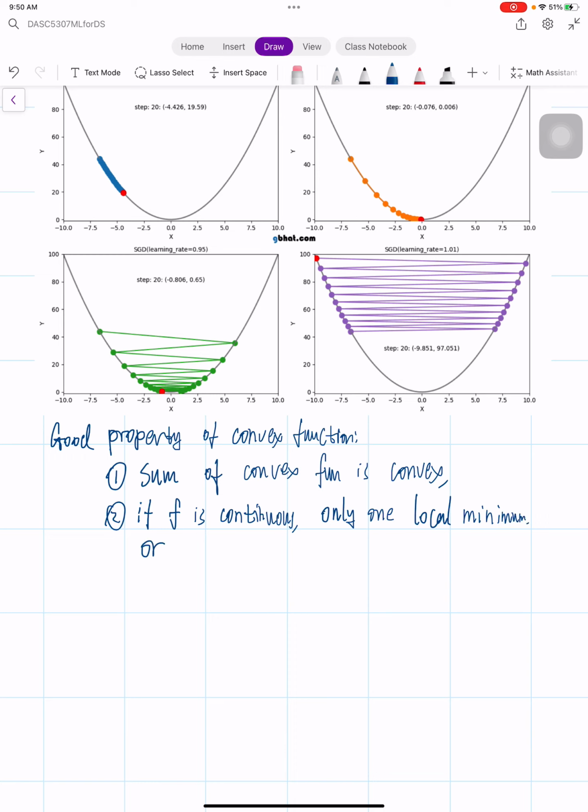Or a connected set of local minima that are all global minima.